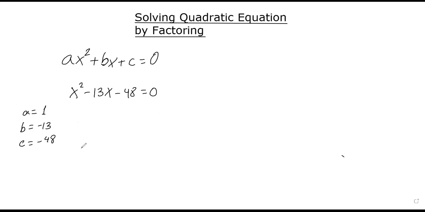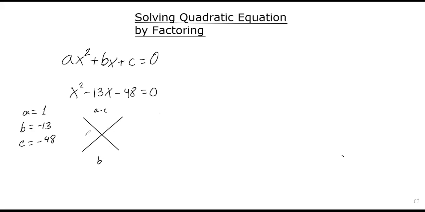Then we're going to make like a big X. And we're going to write 4 numbers, one in each space. Over here, we're going to write a times c.